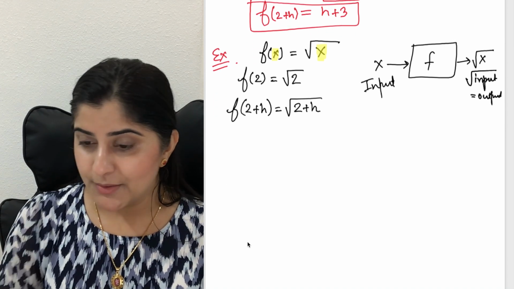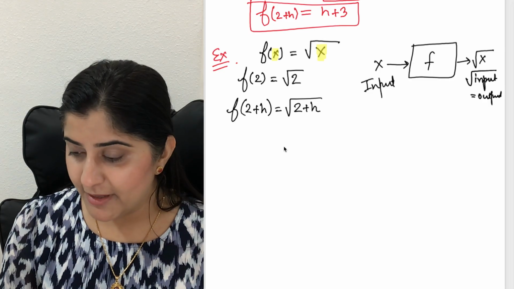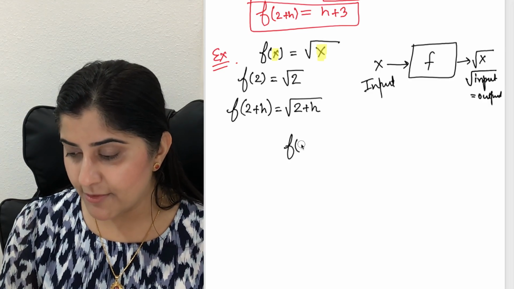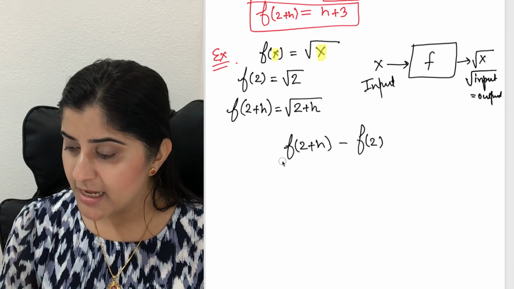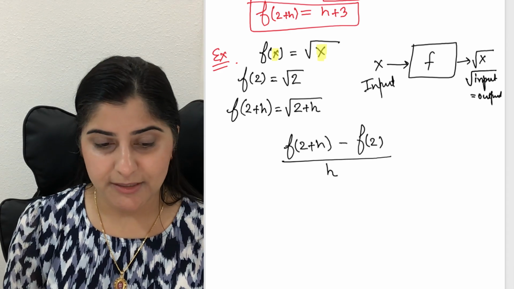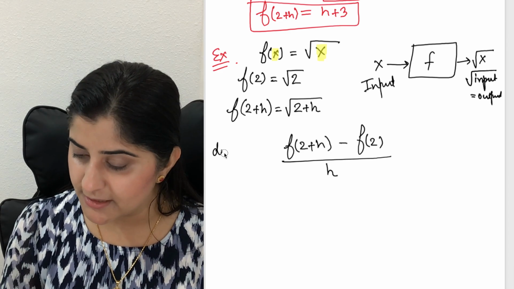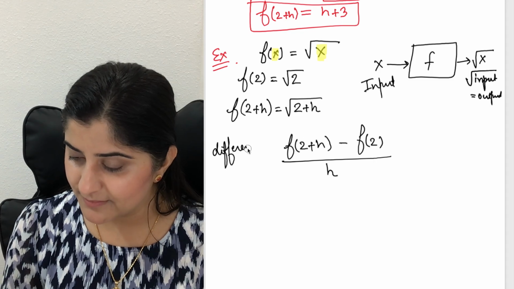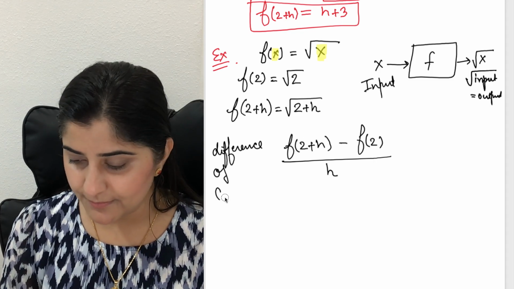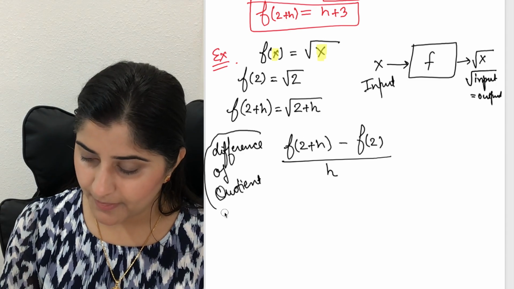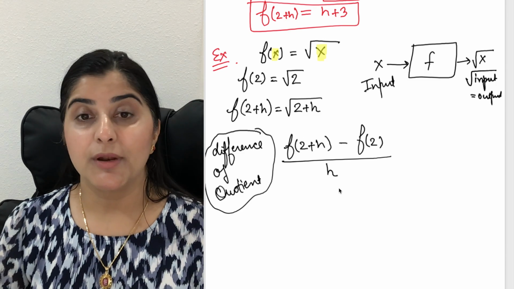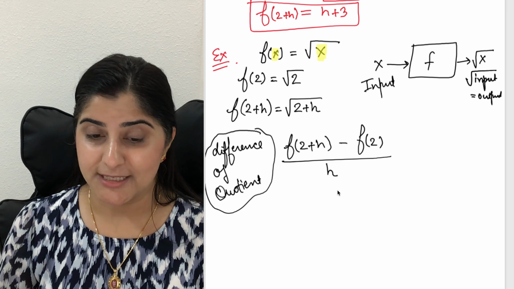Okay, so if we write f of 2 plus h minus f of 2, divided by h, this is called the difference quotient. So this formula is called the difference quotient.